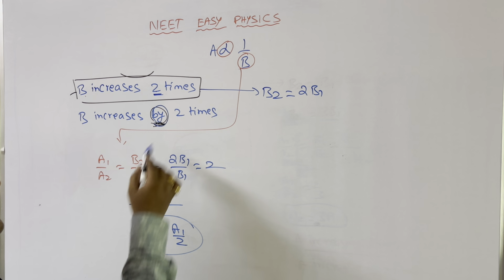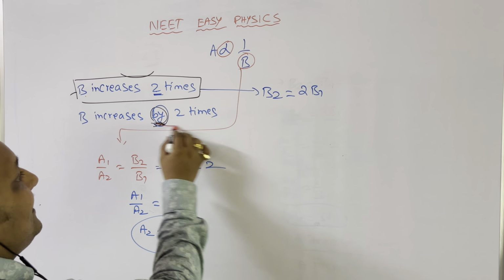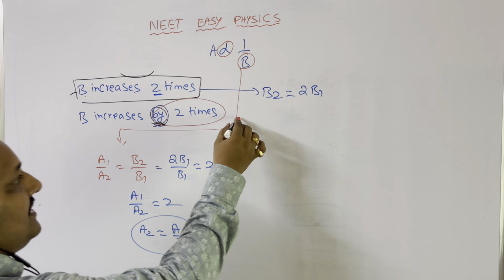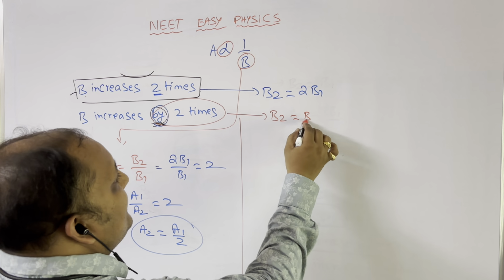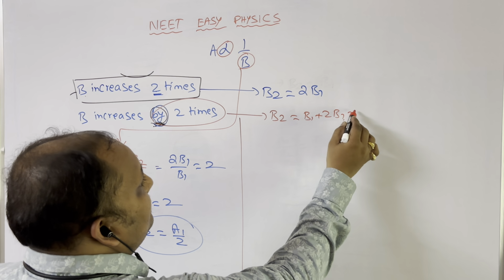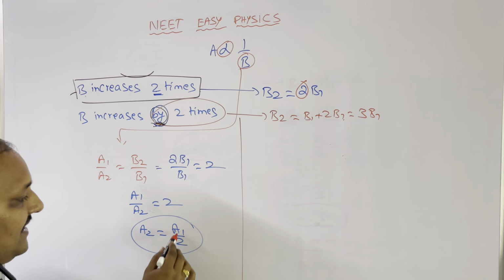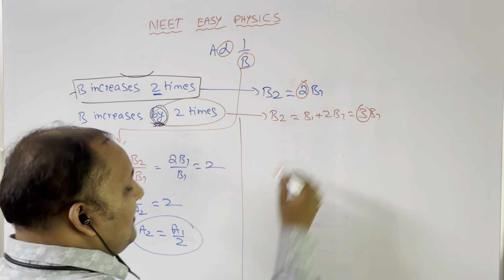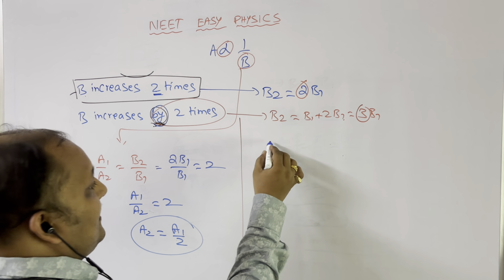Now what will be the answer for increases by 2 times? Now you can say directly for this. If you observe carefully, increases by 2 times means what is B2? B1 plus 2B1. So what are you going to get? 3B1. So whenever we got 2B1, we got the answer A1 by 2. Now whenever we got 3B1 here, what is the answer? You can guess what the answer will be.